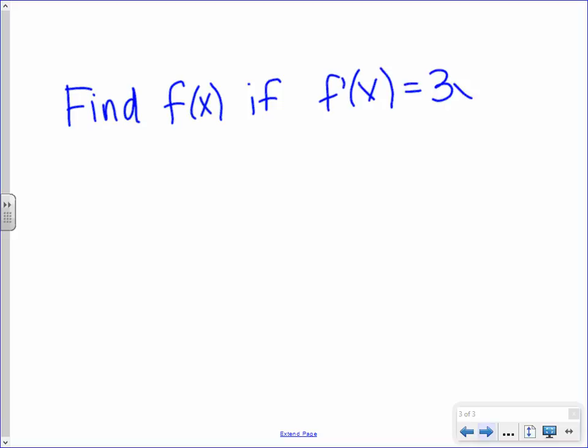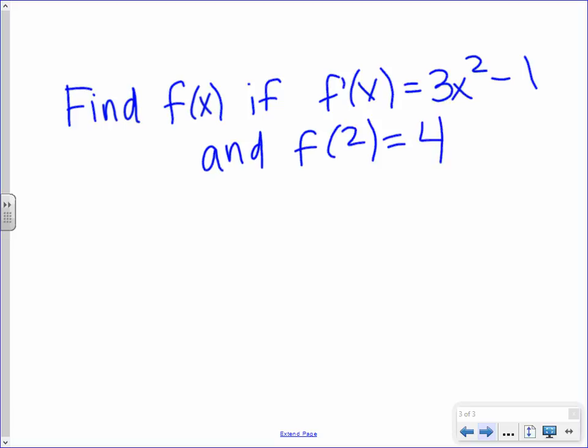So I want you to find f of x if f prime of x is 3x squared minus 1 and f of 2 equals 4.